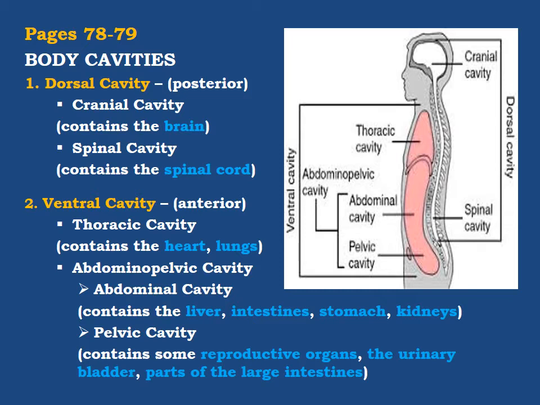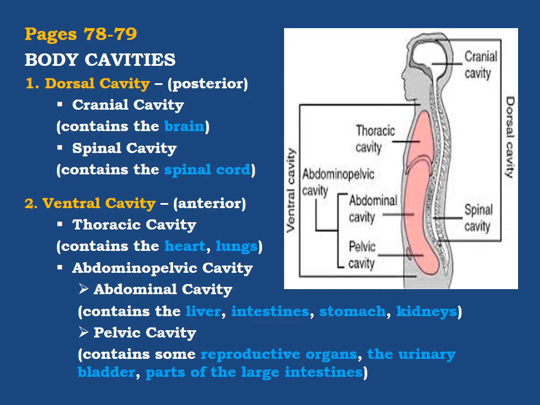Now, the ventral cavity, which is in the front, we have the thoracic, we said the chest area, the thoracic cavity. What could be found there? We can find the heart and the lungs. And of course, there are maybe other organs. Now, the abdominopelvic cavity is divided into two cavities, abdominal cavity and pelvic cavity.